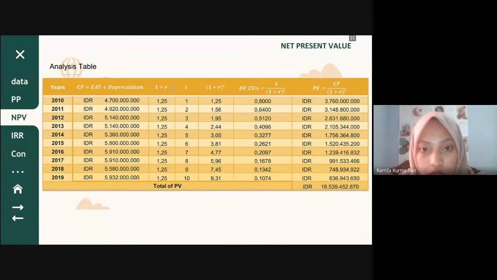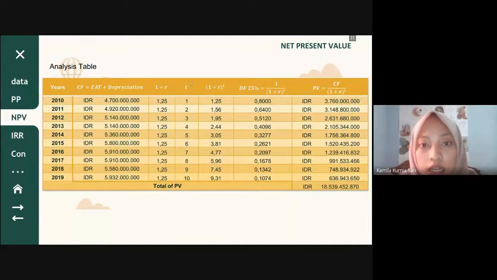We have the required profit of 25%, so 1 plus R is equal to 1 plus 0.25, and the result of 1 plus R is 1.25. This is the third column in this analysis table.